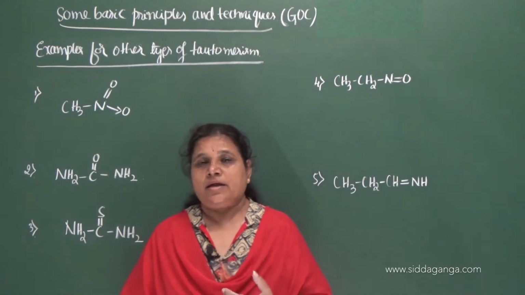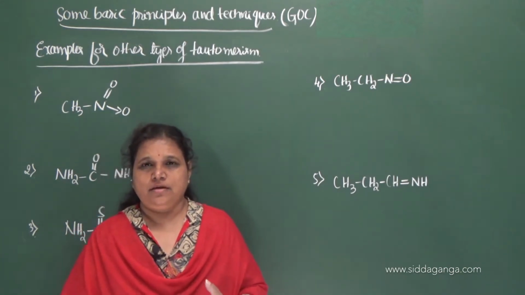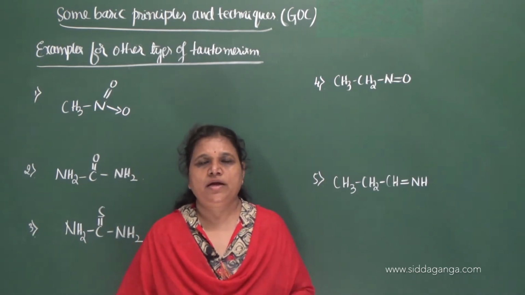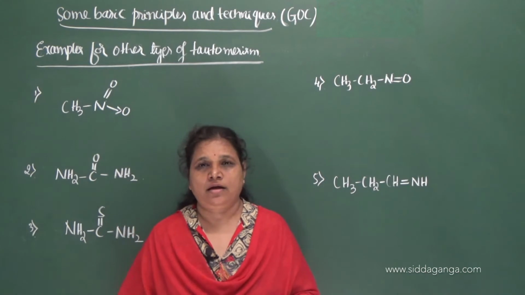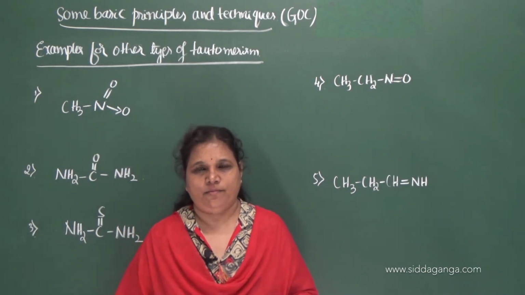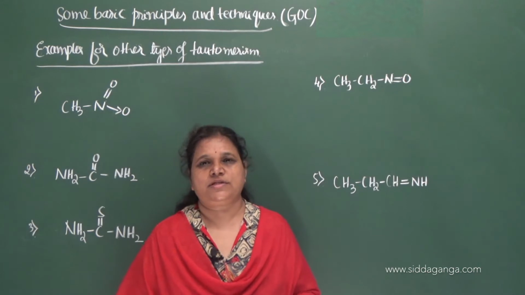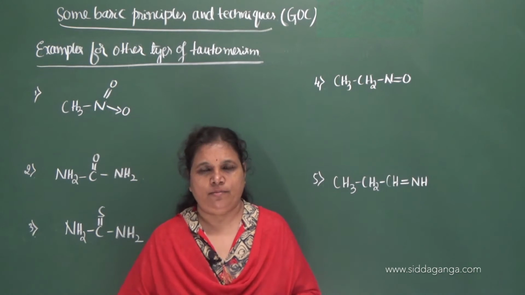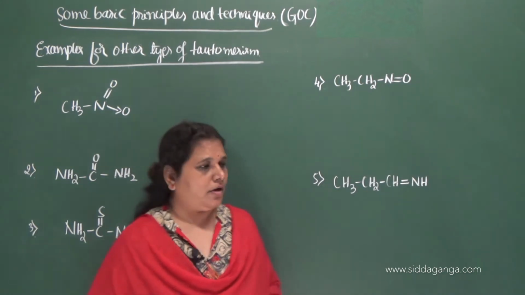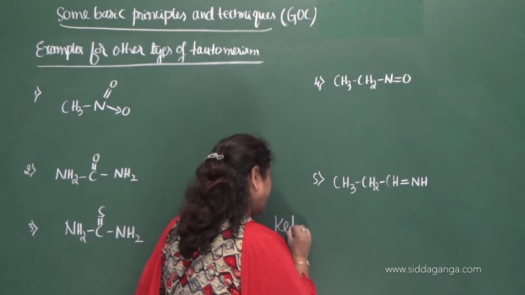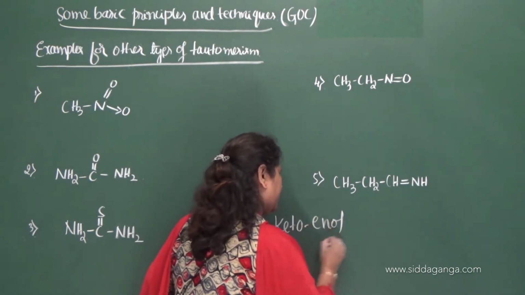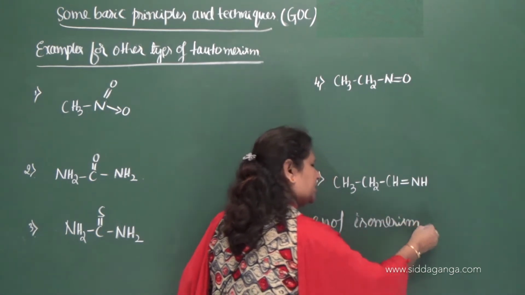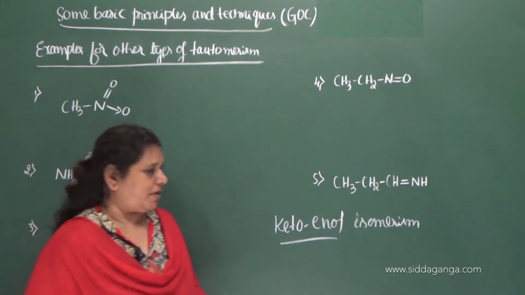Whenever the migration of hydrogen takes place in aldehydes or ketones or any carbonyl compounds, it gives two isomers, and they are called keto form and enol form. Since carbonyl compounds give two types of tautomers called keto form and enol form, tautomerism is also called keto-enol isomerism.